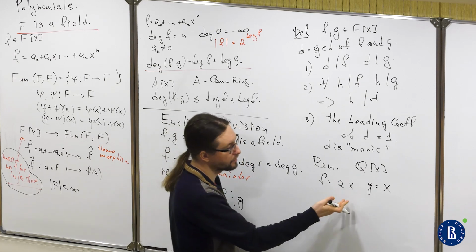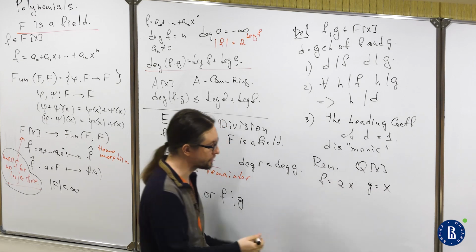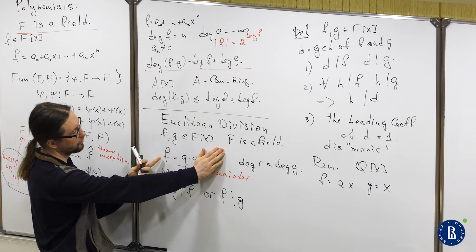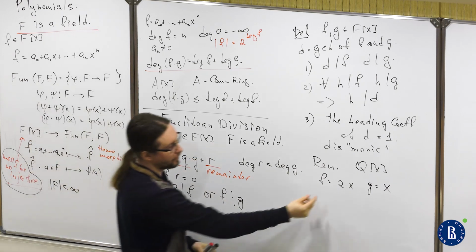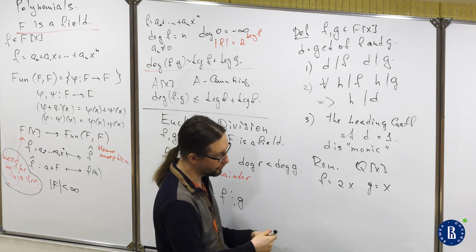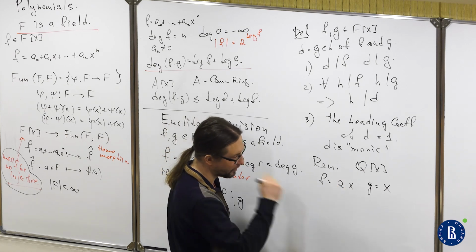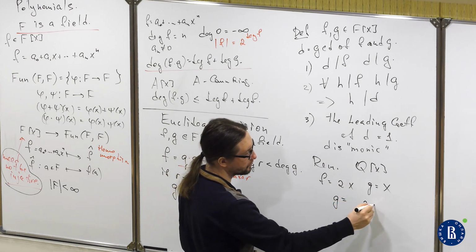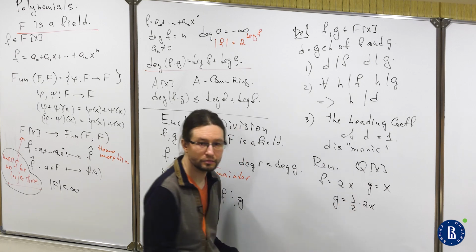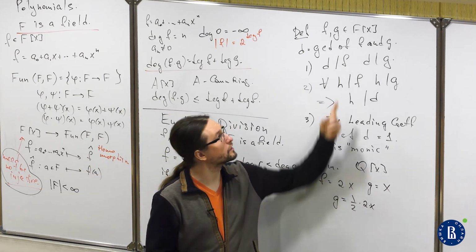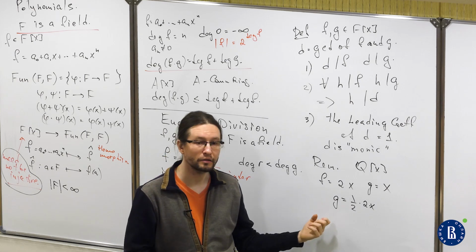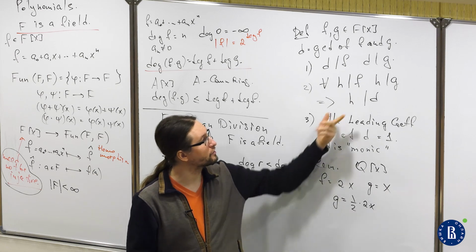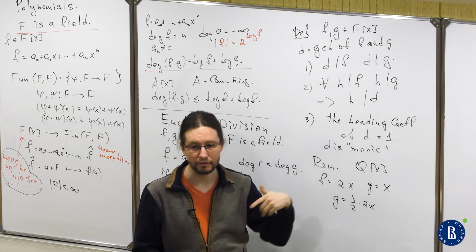It's clear why g divides f, because we need to represent f as a product of g and something. To show that g is divisible by f, you need to represent g as f times something. So it will be 2x times 1 over 2. Since every coefficient is invertible in the field, it doesn't matter. If you multiply your polynomial by a non-zero coefficient, you don't change the property that it divides something else or not.